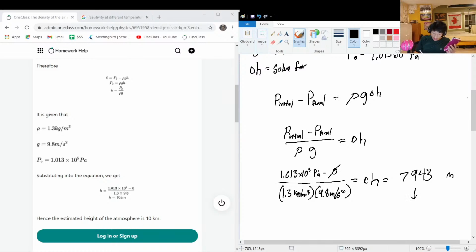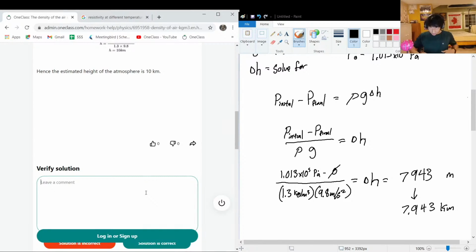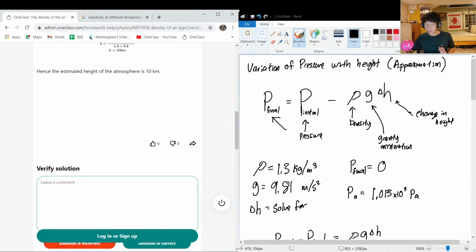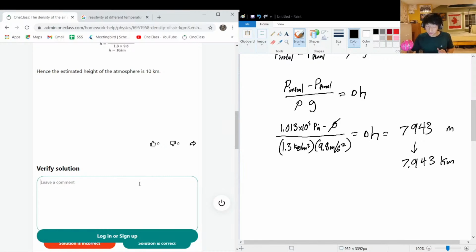This is 7.9 kilometers, which is not 10. So this would be our final answer from what we calculated here. We used the same procedure and the same numbers, so I'm not sure how they came to 10 kilometers, but you can see how we just used this equation, did some algebra, plugged in the right numbers, and came to the right conclusion of 7.9.